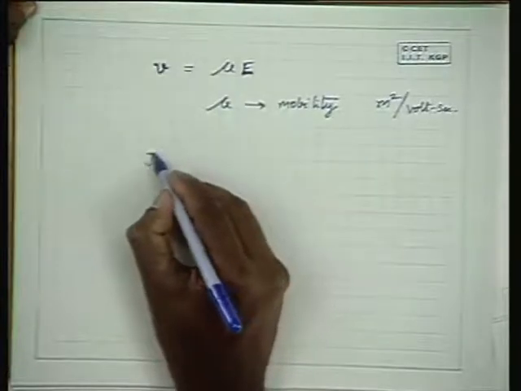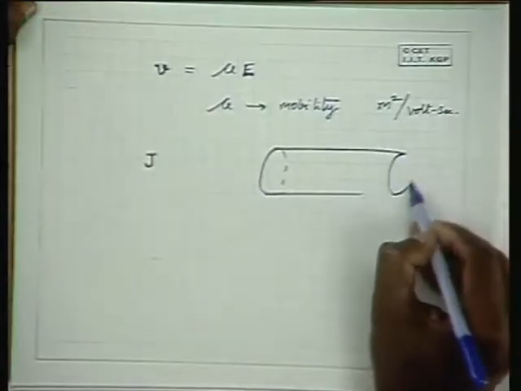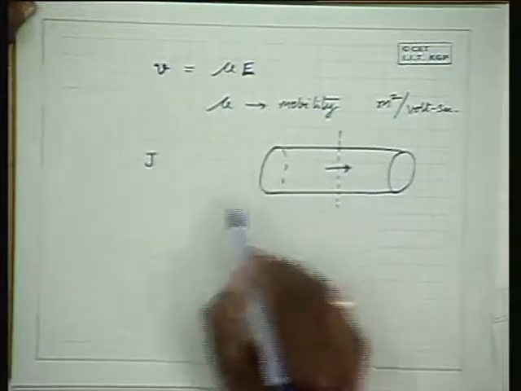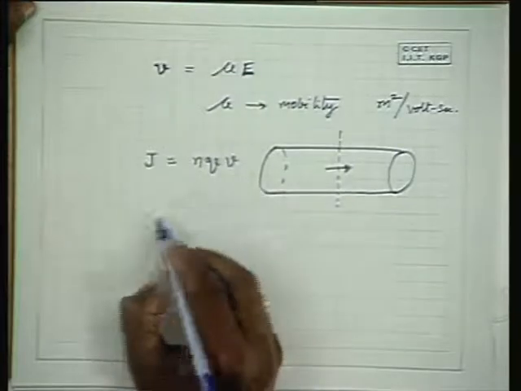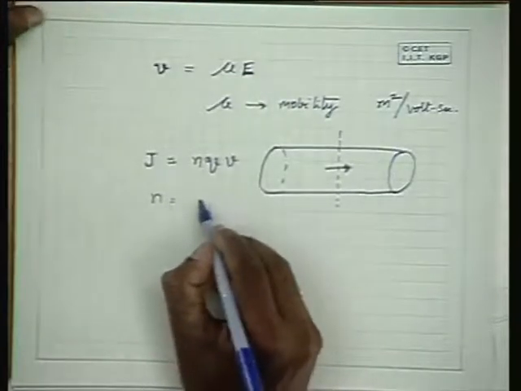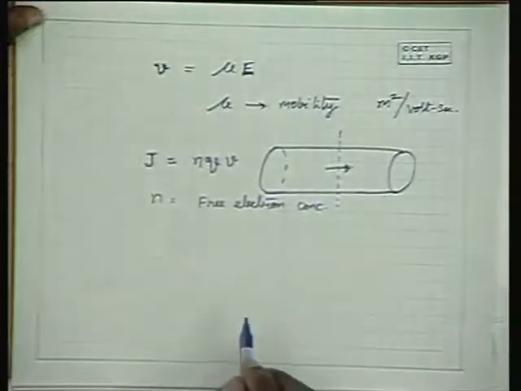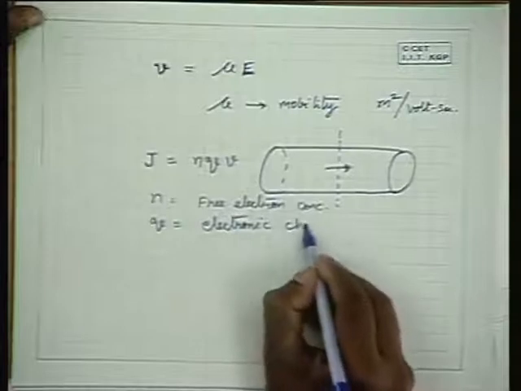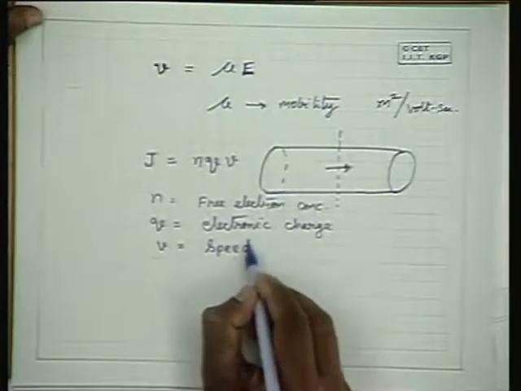And it can be mathematically shown that the current intensity across a metallic or a semiconductor body can be shown as NQ into V, where N is the free electron concentration, Q is electronic charge, and V is the velocity, or in this case speed of the charge.